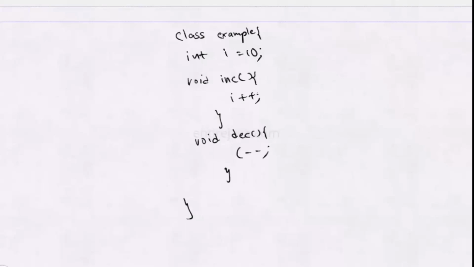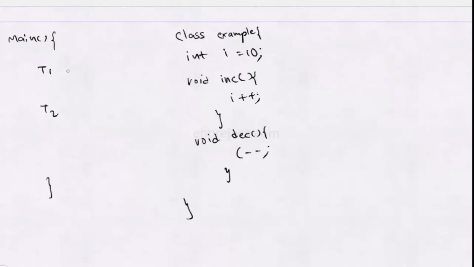Let's say you have a class with one variable I that is assigned the value 10. Let's also assume that we have a couple of methods. In one method we're incrementing the value of I, and in another method we're decrementing the value of I. Let's also assume that we have another program which will have our main method, and in that I have a couple of threads created, T1 and T2.